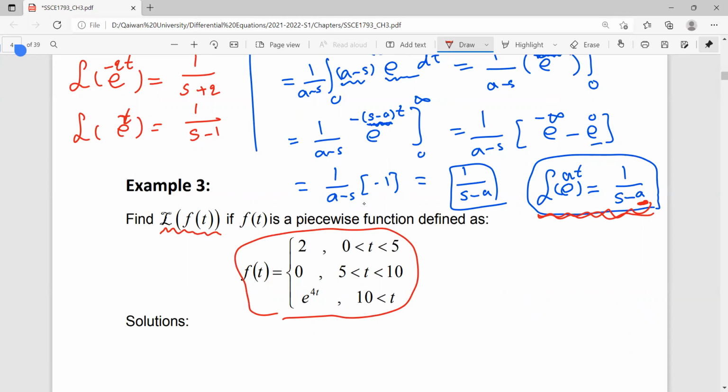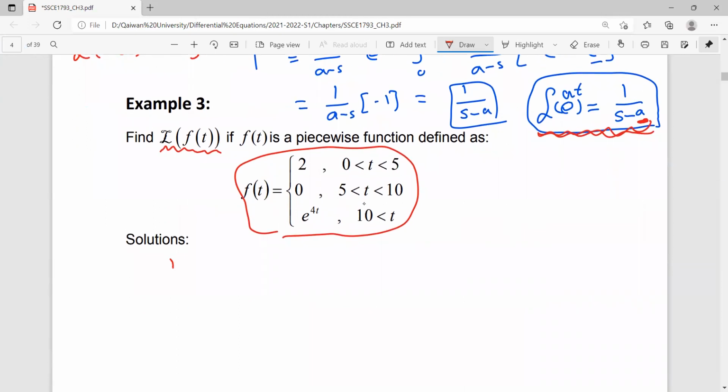To find the Laplace transform of this function, we say the Laplace transform of f of t equals the integration from 0 to infinity of e to the power minus st times f of t dt.